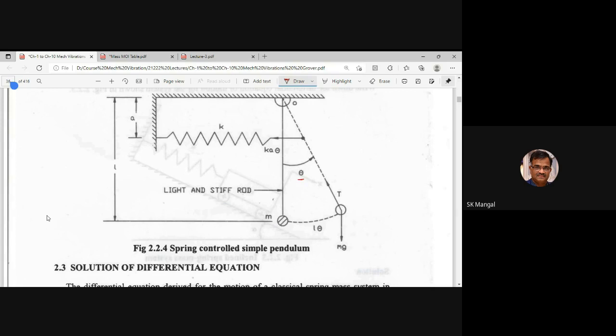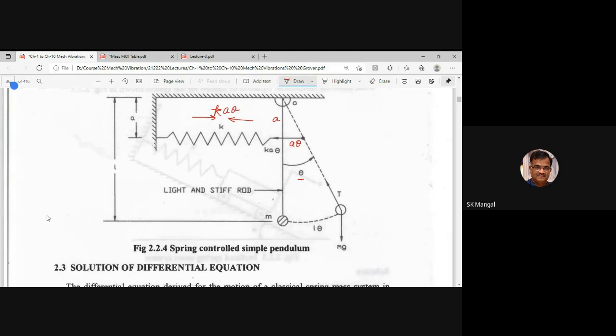So for this theta, this is your A. So the spring will get deflected by A theta. Now again, the spring is under tension externally. So internally, you will be having this type of force in the spring. This is your K into displacement A theta.